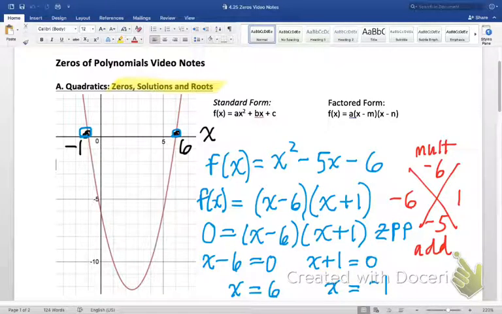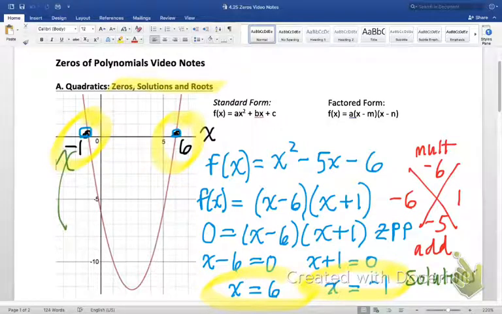Now, if you notice, +6 and -1 were those same two values we saw on our graph, okay? So I'm trying to make this connection for you that the solutions to the quadratic equation, which we find algebraically, are giving us our zeros on the graph.